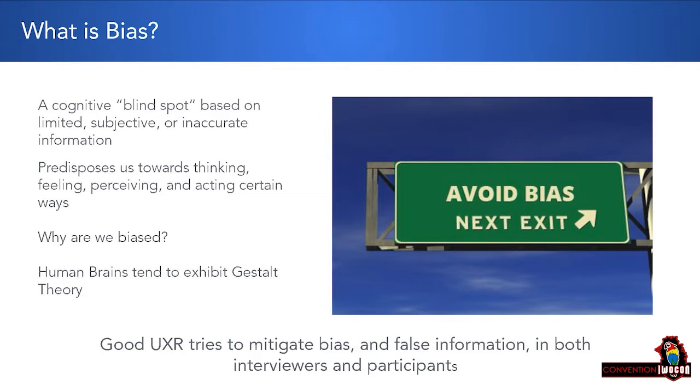When we have good UXR, good UX research practices, we try to mitigate it. We try to remove false information that might be misleading and may lead us to faulty conclusions or bad data. We have to filter it out, even in the way that we're asking questions, to make sure that we're getting the most accurate insights from our users.